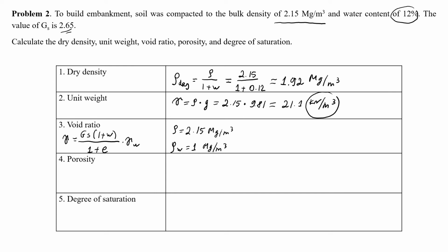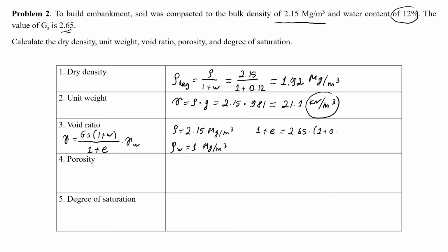So what we're going to do now is we're going to use that equation, just modify it a bit. 1 plus void ratio is equal to 2.65 times 1 plus water content.